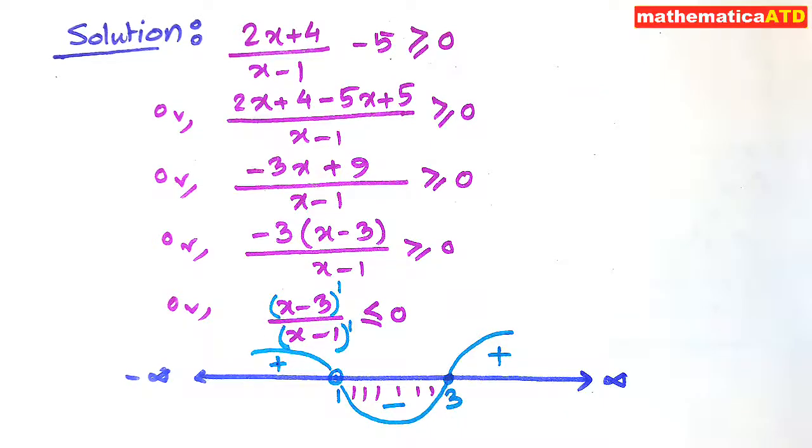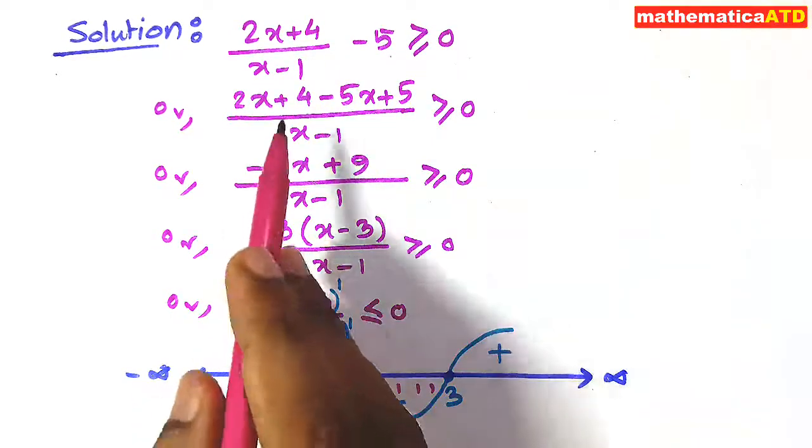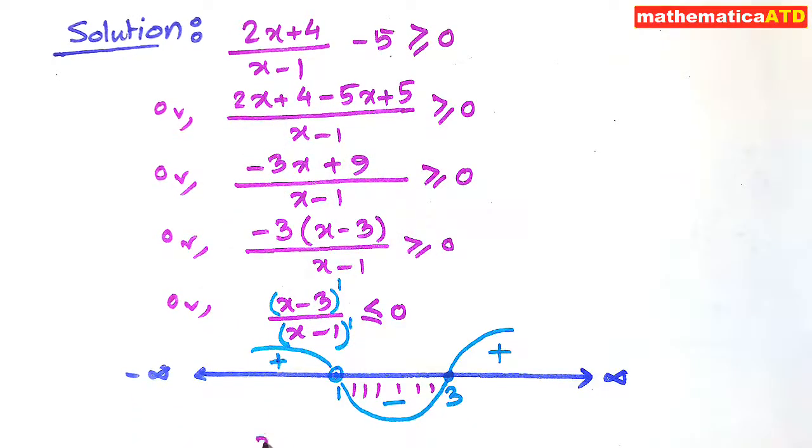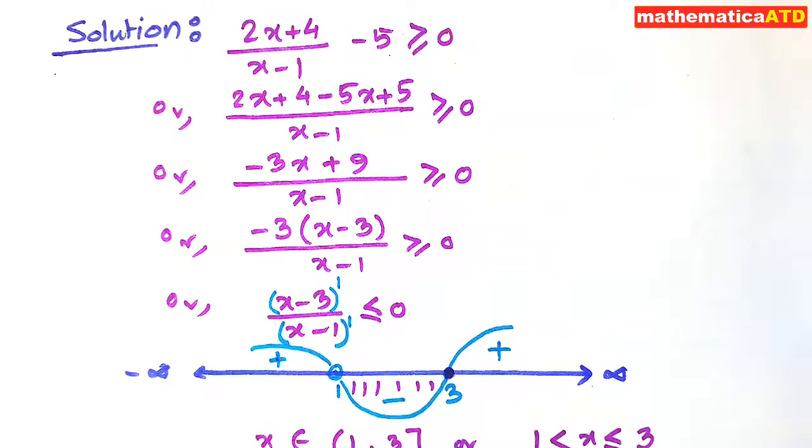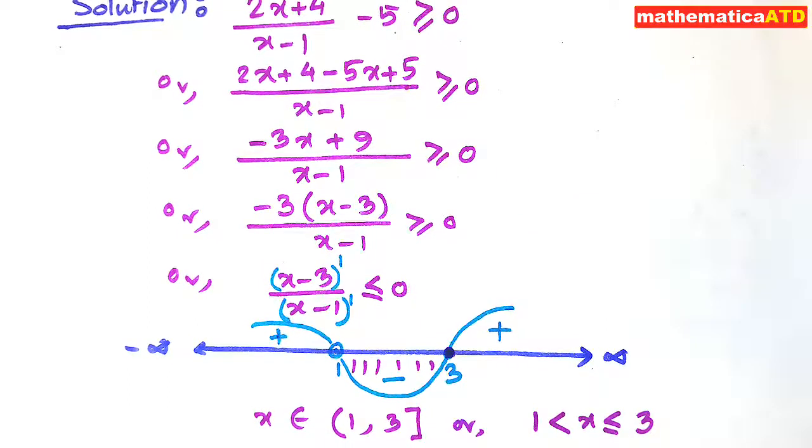So the solution for this inequation is x belongs to (1, 3], semi-open. That is, 1 is not included here, 3 is included here. Or we can write it in this way also, 1 < x ≤ 3. Now we shall see the second example.